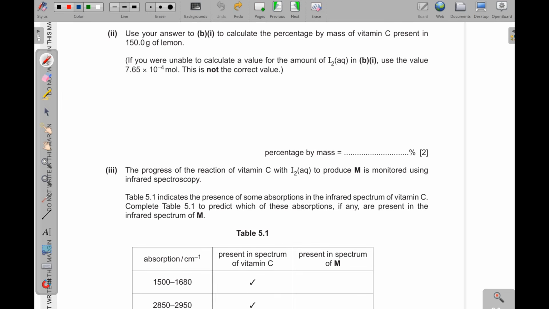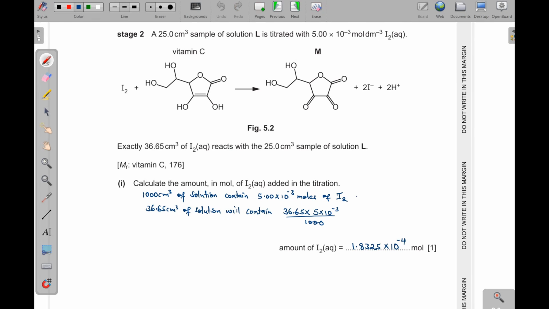So what do we need to do? We need to come to this one here. After getting the moles of this standard solution used here, you come to the stoichiometric equation, okay? And we can see that it is 1 to 1. One molecule of iodine is reacting with one molecule of vitamin C to give us this one here.